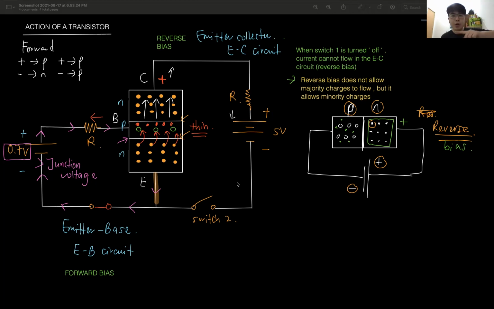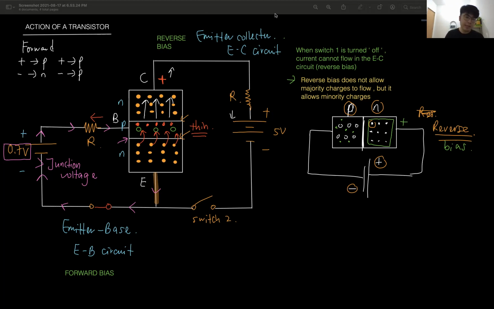If I do not switch on my base circuit, then no electron can cross because it has got two depletion layers. The moment I switch on the base, one depletion layer is demolished, and then the electron can cross and complete the circuit. So we can say that the base circuit is controlling the collector circuit.